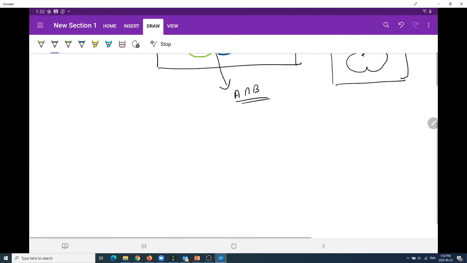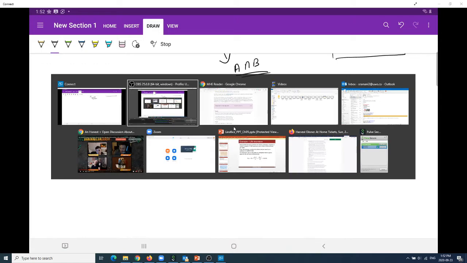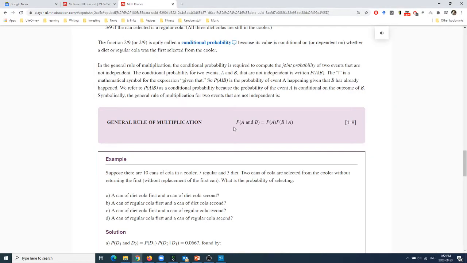So when it comes to the multiplication rule, it's slightly different. This multiplication rule is the probability of A and B. That's equivalent to the probability of A multiplied by the probability of B conditional on A already occurring. Or B given A, however you call it. There are different ways you call it.